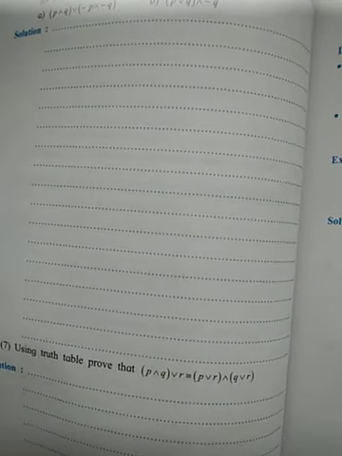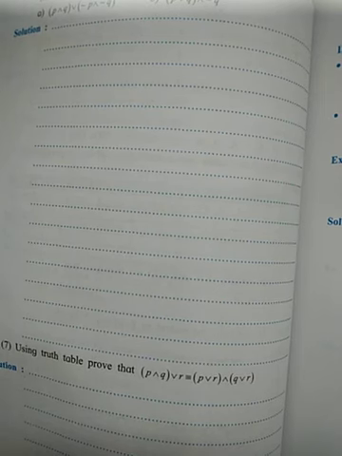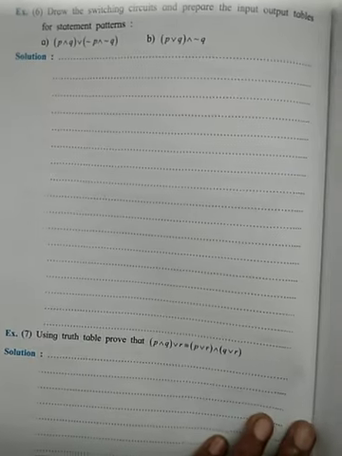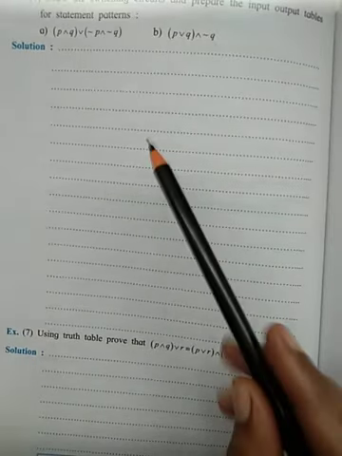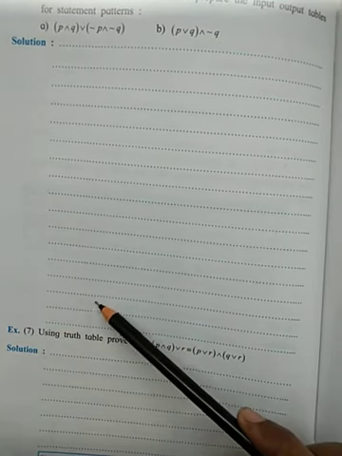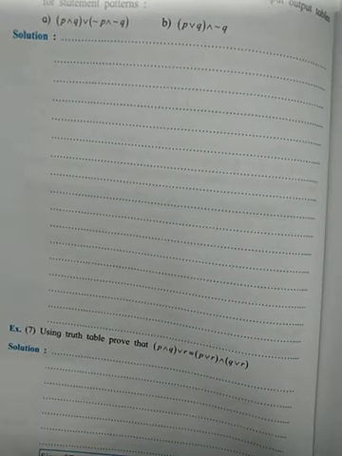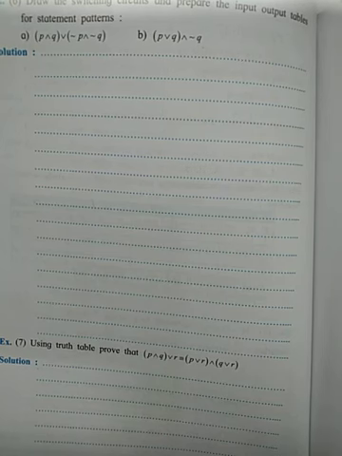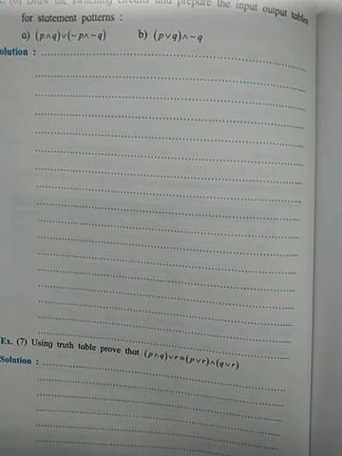One of the students asked me, madam, we are not having space to write down the truth table. What you can do, if you are facing a space problem, you can write half the table below. Even if you are facing a problem, I suggest you write it on blank paper.